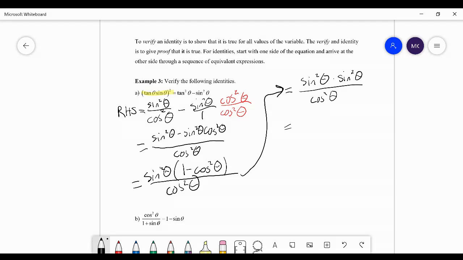It doesn't go into both. It only goes into both if I had addition or subtraction in that numerator, such as I did back here. So I can split this product to be sine squared theta divided by cosine squared theta times sine squared theta. And we know sine squared theta over cosine squared theta is tangent squared theta.